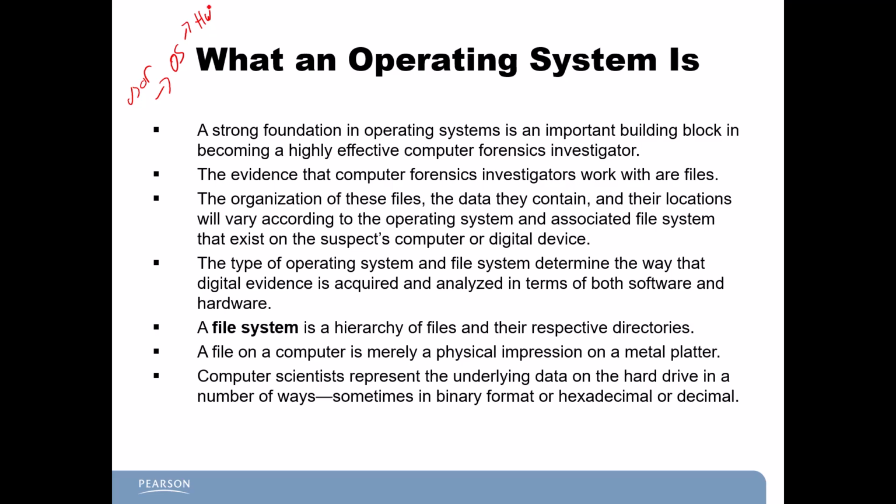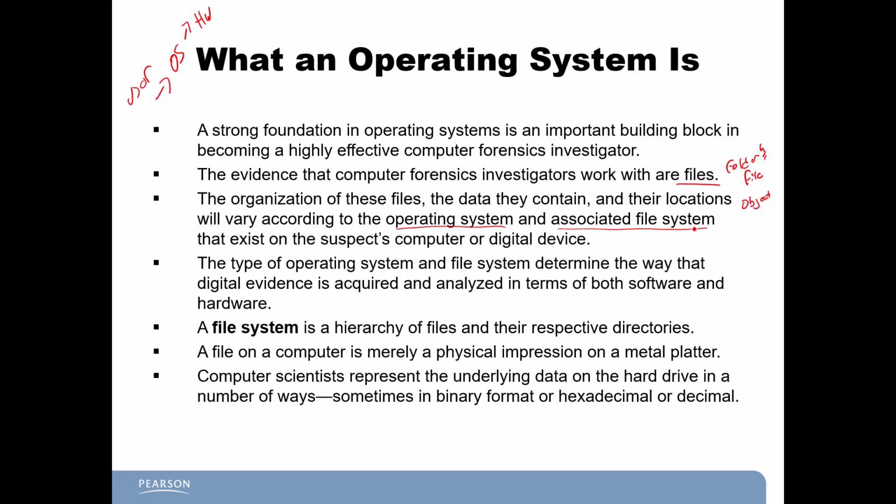The evidence that forensics investigators work with is data files or digital evidence. That could be folders and files, also known as objects. The organization of these files and data, their location, the metadata, the operating system, and the associated file system they work on collectively make up the digital evidence on the digital device.